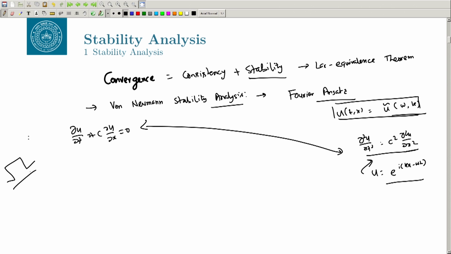So, why are you considering u as a sine wave? When performing a stability analysis, we consider u as a harmonic mode or a summation of harmonic modes, that means it is represented in terms of a Fourier series. I am sure you must have read about the Fourier series.